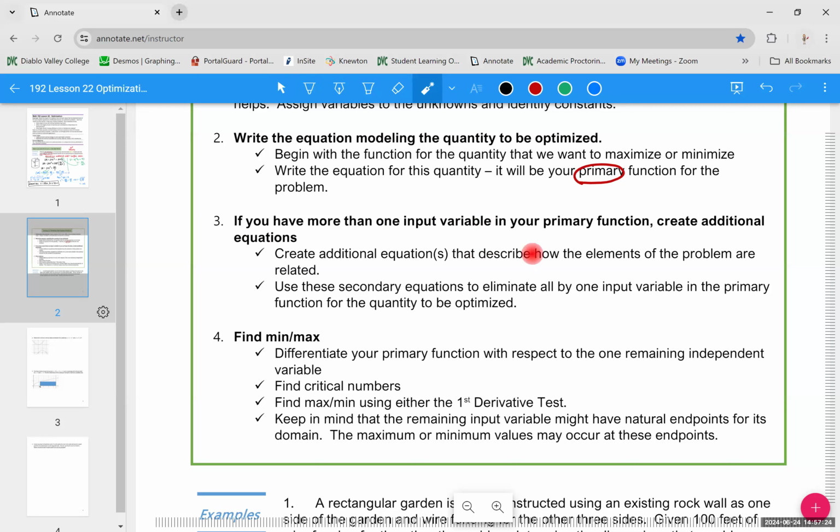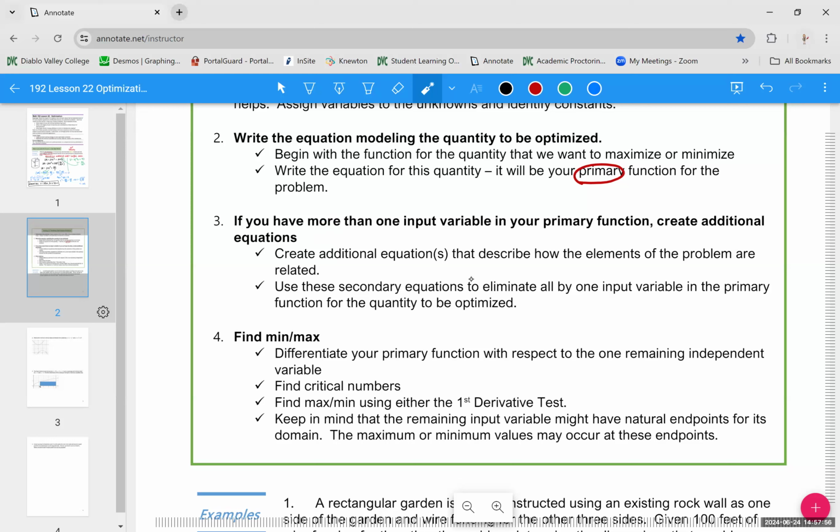And those are going to come from how the elements of the problem are related, like you have a set volume, or perhaps you have a set footage or square area or something that you're using. You would write that secondary equation. That's not the one you're going to take the derivative of, but you're going to use that to eliminate everything except for one input variable, just like we did in the can example. We solved for h and subbed that in. So that's what those extra equations are.